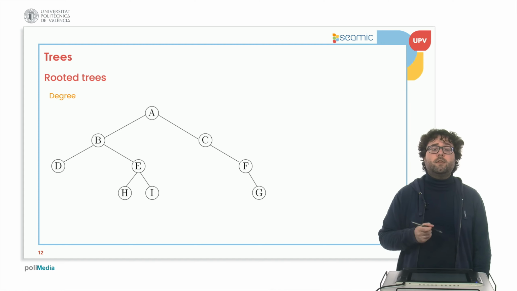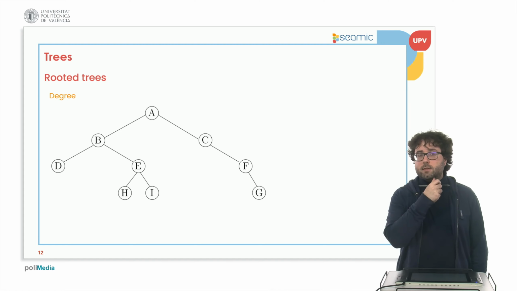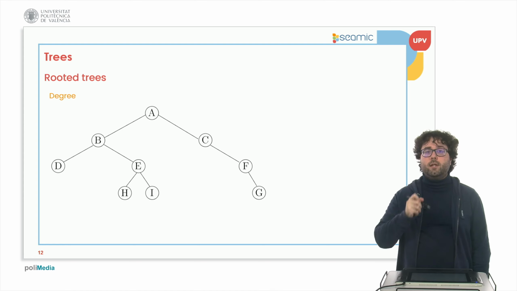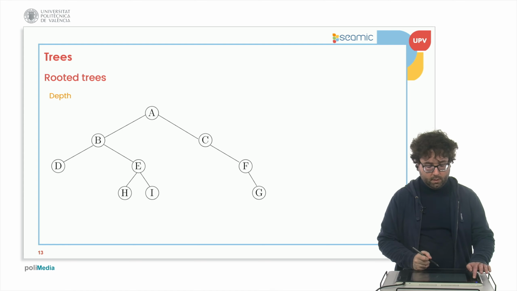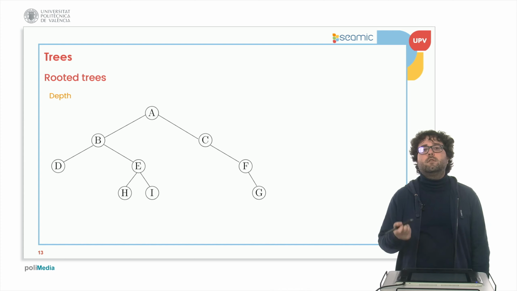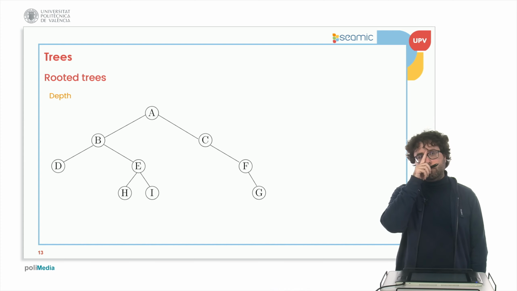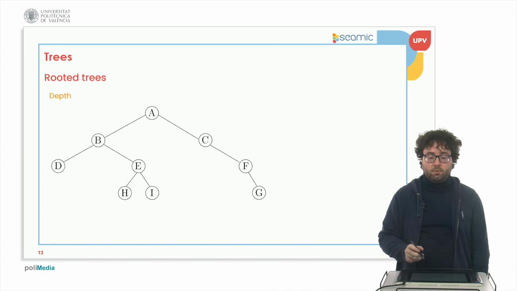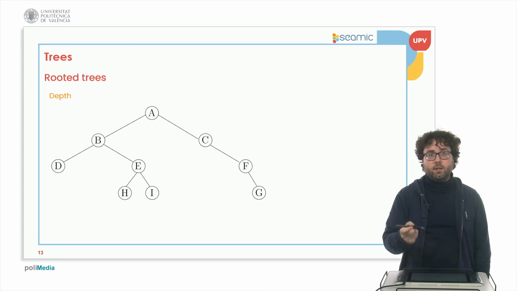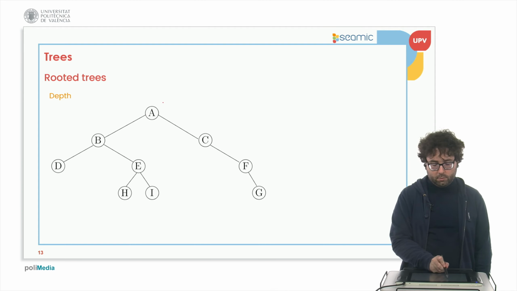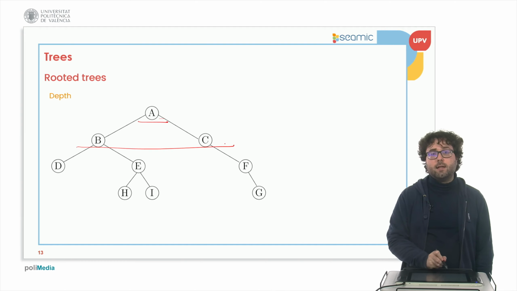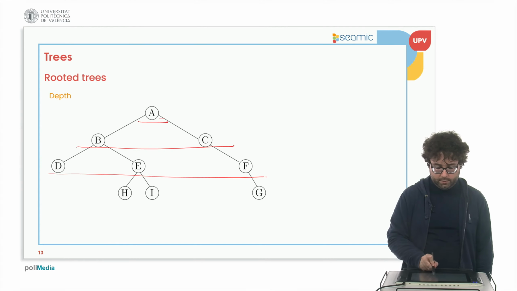There's also the concept of the degree of the tree, which is related to the number of levels. The depth of the tree, which is for each node, its depth, going from the root to where that node is located.